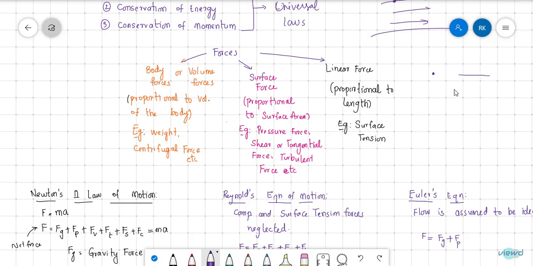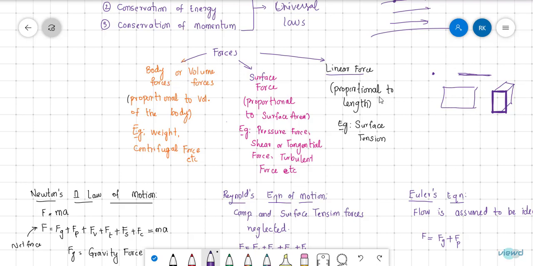If we join these lines, an area is formed. If we join areas, a three-dimension figure is formed. So forces proportional to length are called linear force, forces proportional to area are called surface force, and forces proportional to volume are called body forces or volume forces.